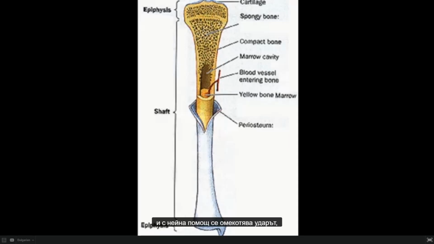It somehow makes less the weight of your movement on all the bones, so they do not crash, and to reach the bone marrow in the middle of the bone.